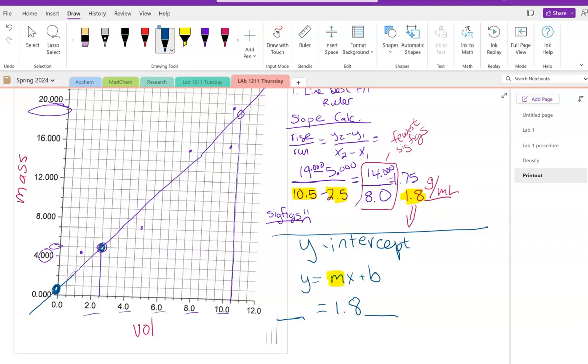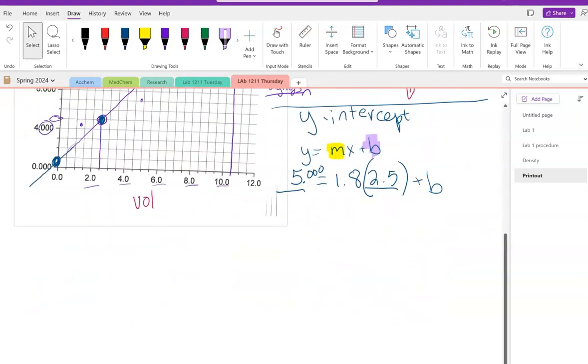I drew right here. That was 5 for my y, and it was 2.5. And remember, we have to keep up with sig figs, so there should be 3 decimals behind that 5. Plus b. B right here is your y-intercept, and that's what we are going to solve for.